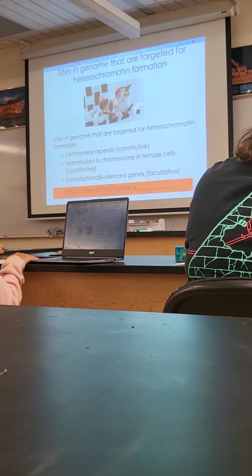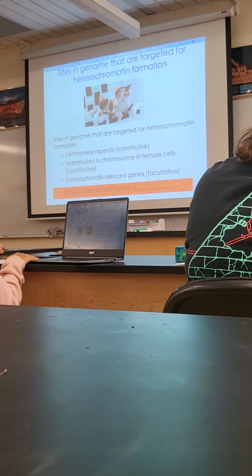Yeah, exactly. That's dosage compensation, because males only have one X and females have two, so we can't express double the amount of proteins. So for female mammals, one of those X's is selected at random to be silenced. It can either be the X from the maternal side or the X from the paternal side. That happens really early on in development, and that can explain how you get calico cats, where you get those different colors.